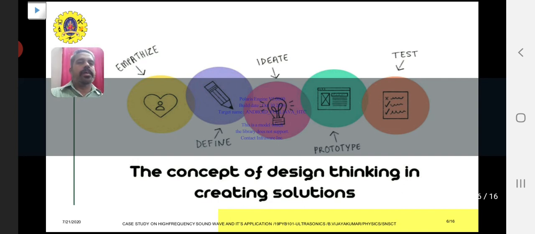Then we start creativity in the form of a device, that is prototype. Then finally we produce the device, and the problem will be solved, that is testing.